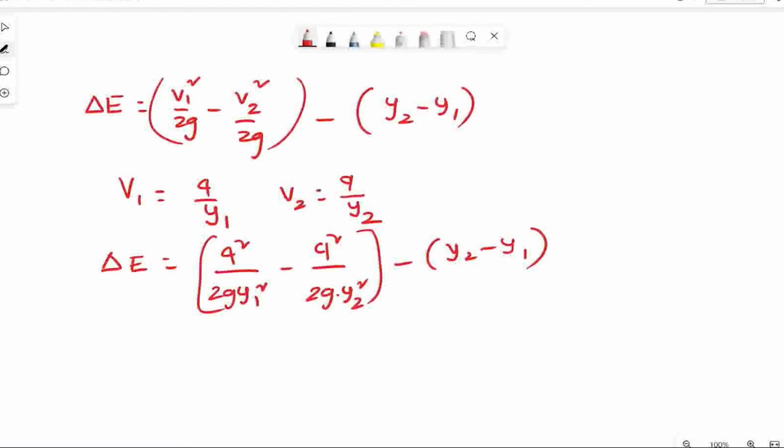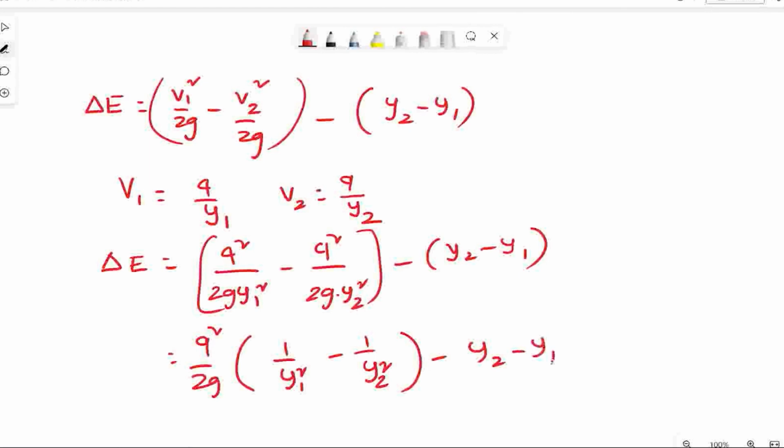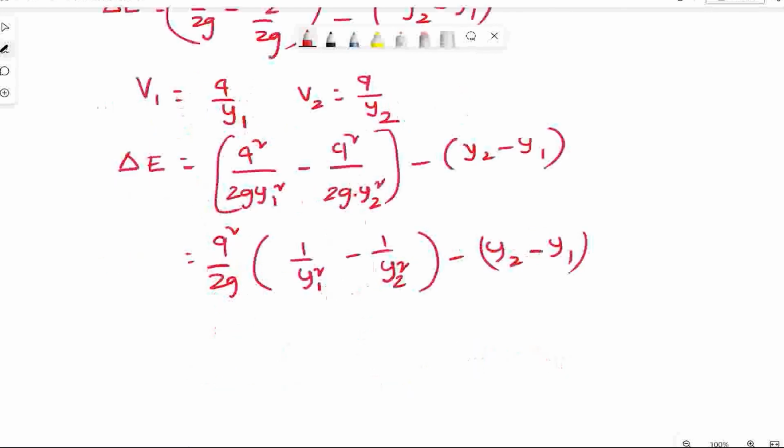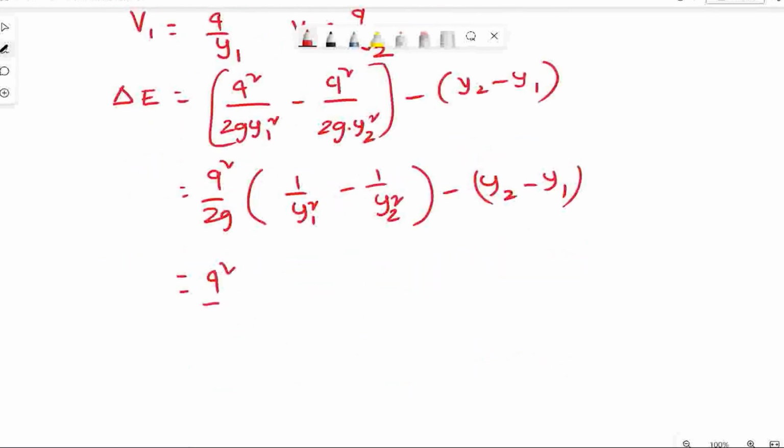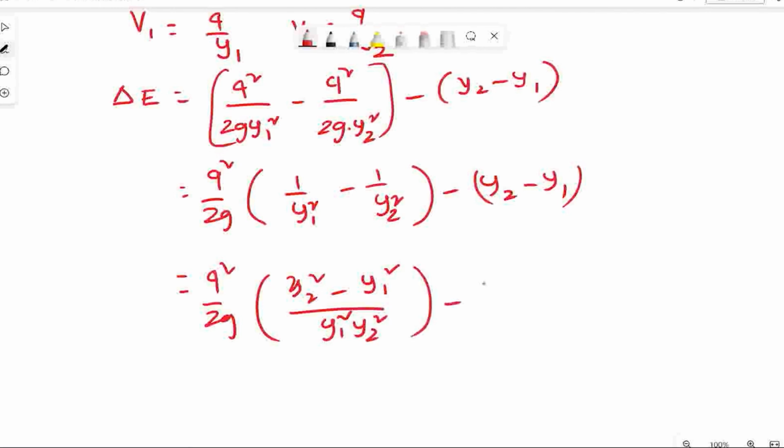Then if I take q squared by 2g outside, it is 1 by y1 square minus 1 by y2 square, minus y2 minus y1. Then if I expand it, q square by 2g into y2 square minus y1 square by y1 square y2 square, minus y2 minus y1, taking the LCM as y1 square y2 square.